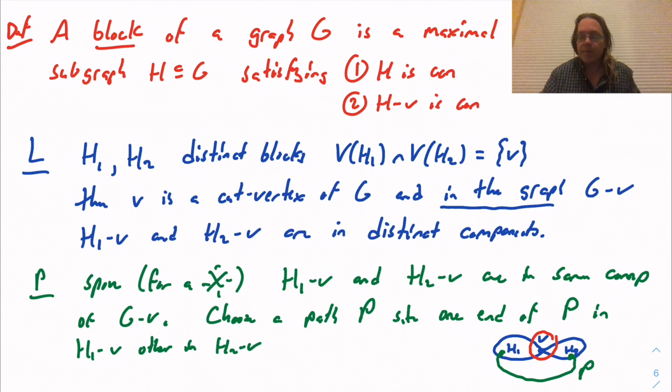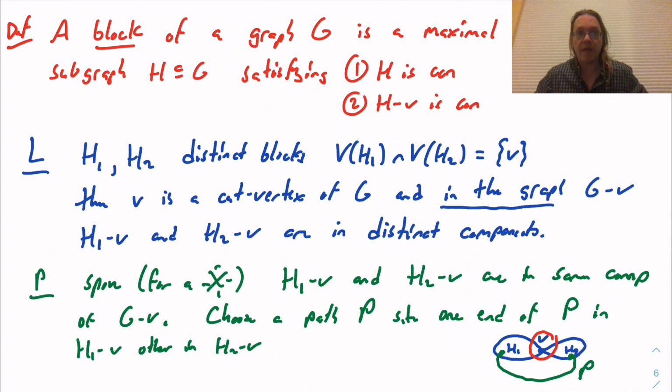So there's our graph, and probably you can see what's wrong here. This is really the same argument that we had before. In fact, if I was being super slick, I could have encompassed it in the original. Now, if you take the union of P and H1 and H2 in the original graph G, that is going to be a subgraph which is connected, remains connected when you delete any vertex, and it's larger than H1 or H2, and that contradicts our basic assumption that H1 and H2 are blocks.